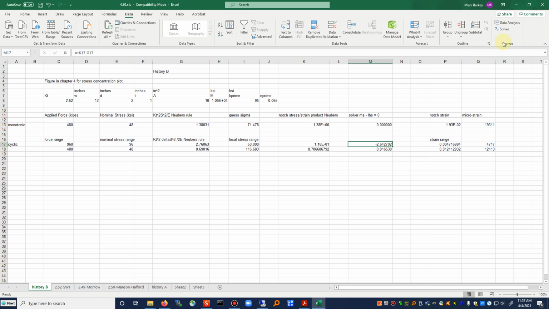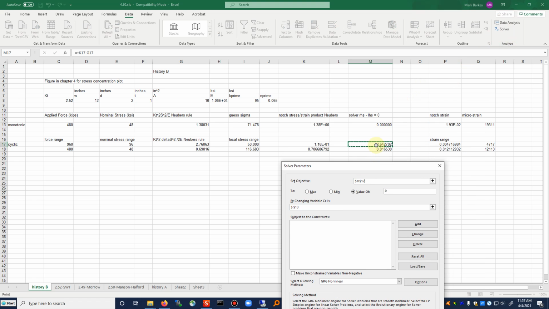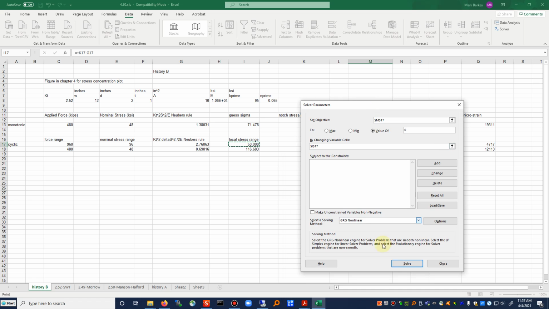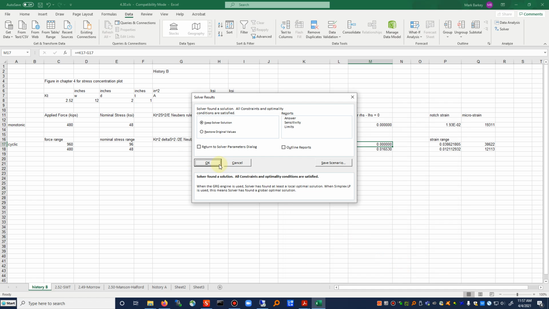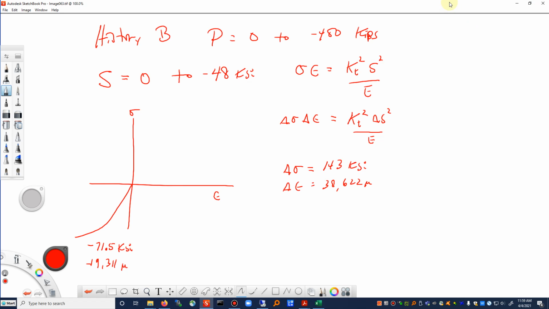Now I'm going to use my solver again, and drive that cell to a value of 0 by changing this cell. Okay, and it did drive it to 0. So I have a stress range of 143 and 38,622 microstrain. All right, so let's see where we end up.